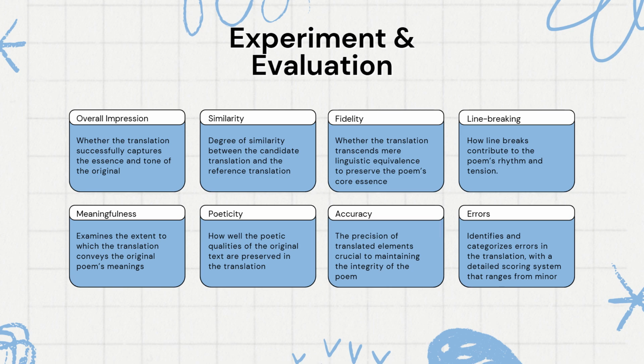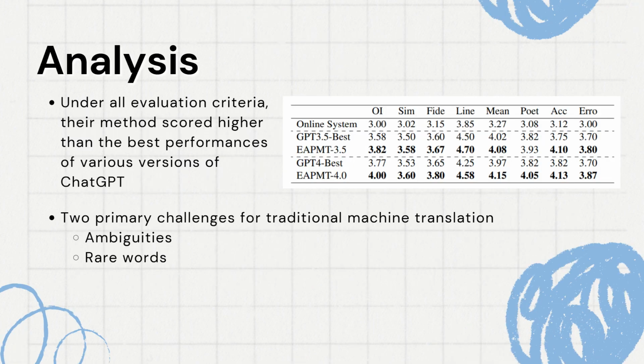Poeticity captures the aesthetic quality and emotional resonance of the poem, which is essential for poetry translation. 6 evaluators rated each criterion on a scale of 1 to 6, where 5 means the generated translation is almost equivalent to the reference quality, and 6 means it surpasses the reference quality. The results showed that EPMT achieved significant improvements in accuracy, line breaking, and overall impression.